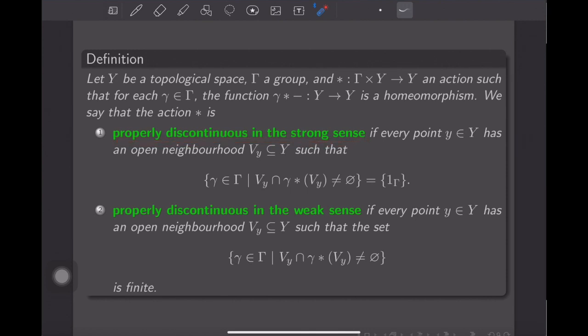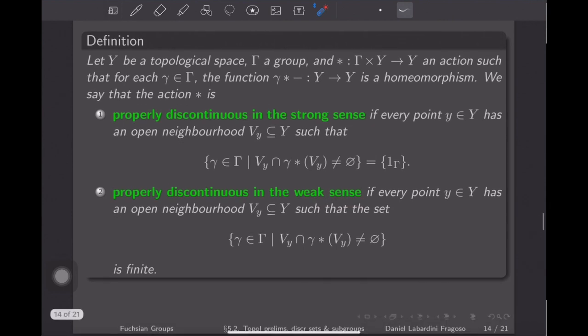And unfortunately, we are going to see that we are forced to also consider a weaker version of this notion, which is proper discontinuity in the weak sense.